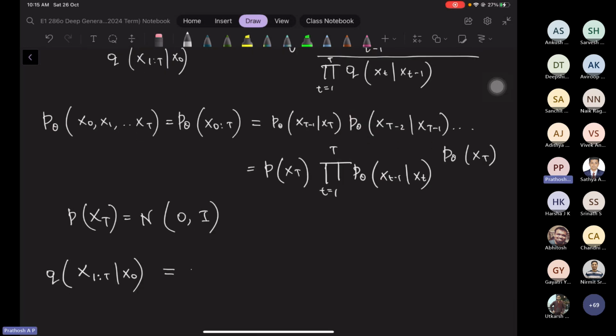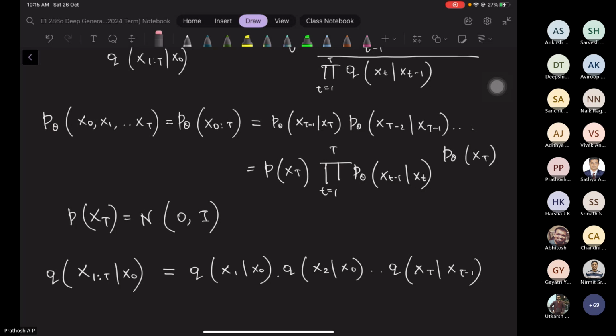This is equal to q of x1 given x naught, q of x2 given x1, and so on, the product of all these q of xt given xt minus 1.